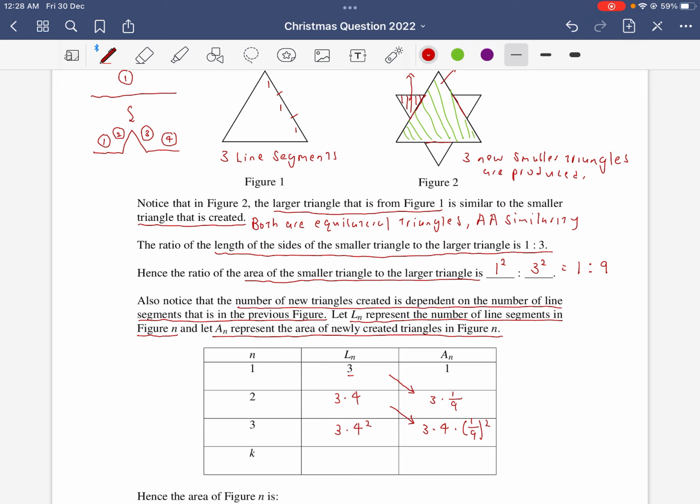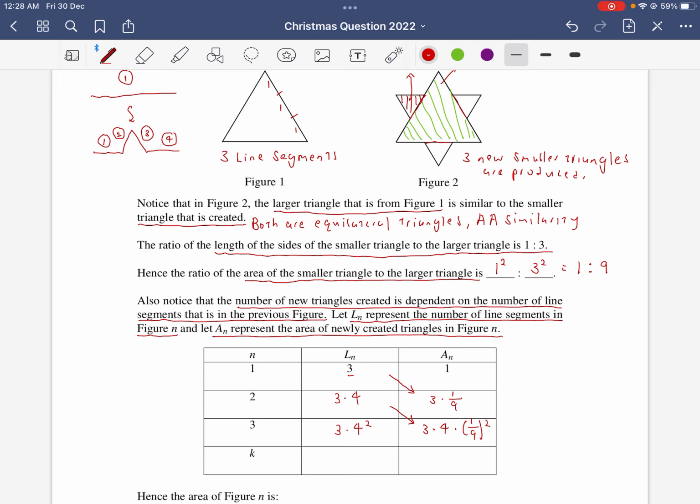Why squared? Because the previous area is just 3 times 1 over 9, and each of them is going to produce another little triangle over there. So the area is going to be 1 over 9 of 1 over 9.